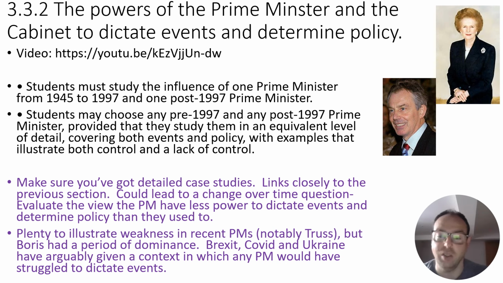Cameron negotiates the coalition and then wins an election, and then obviously falls on his sword following the defeat in the Brexit referendum. May, the old Maybot, said strong and stable a lot, but wasn't. So we've seen a lot of change in terms of prime ministers, more so than normal, really, in recent years, and the weakness of prime ministers, even in situations where they should have been fairly strong.